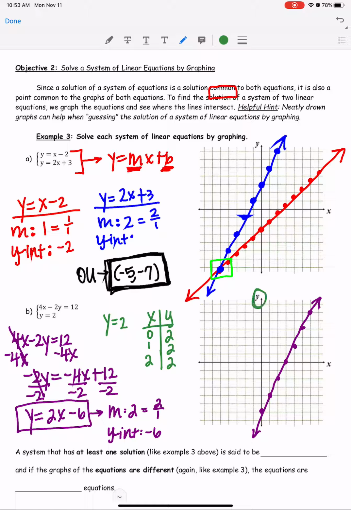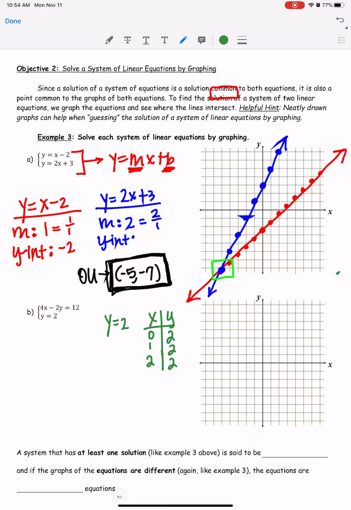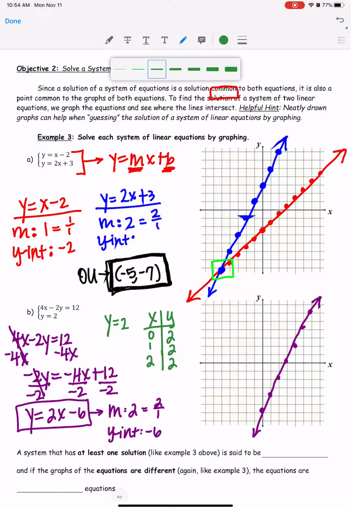But you're going to go along your y-axis here to 2. Oh, so annoying. If you're making the 3 points, it's 1, 2, 3 right there. And then that is your horizontal line.